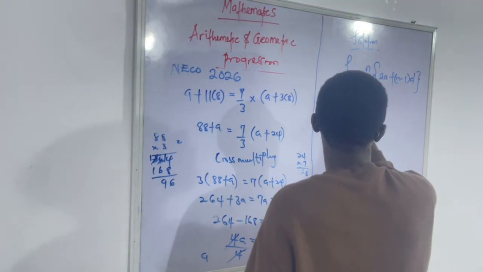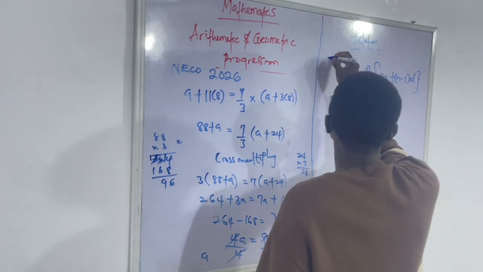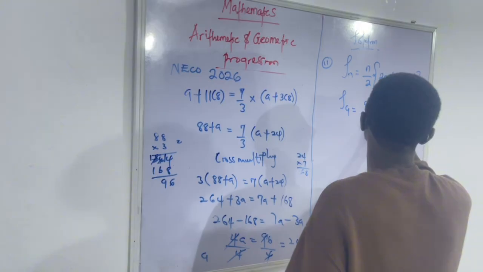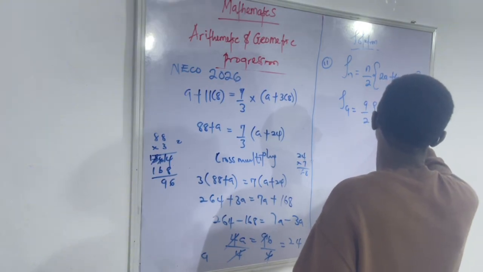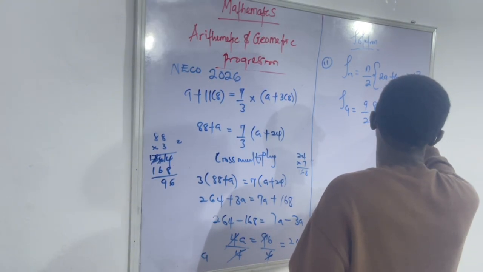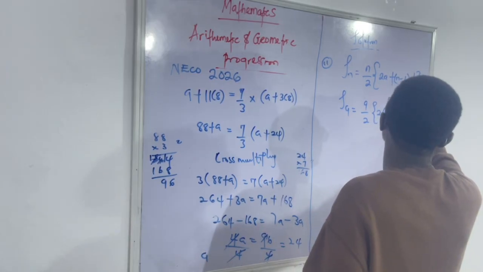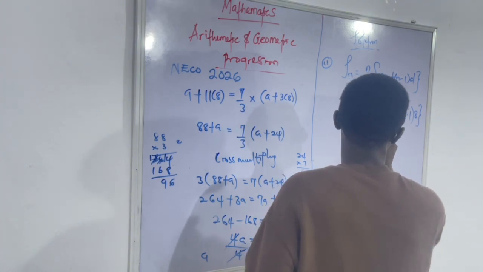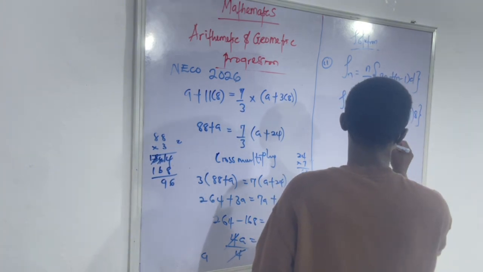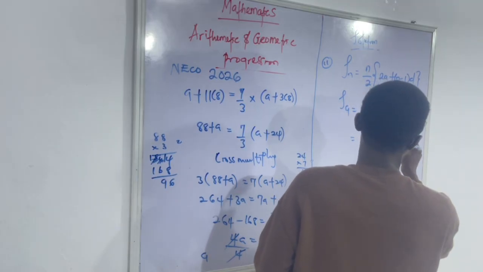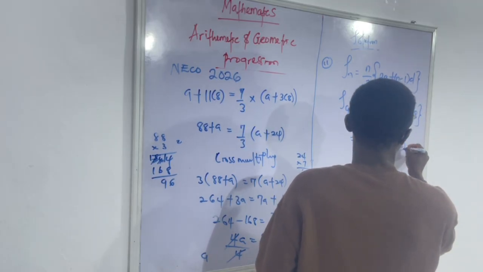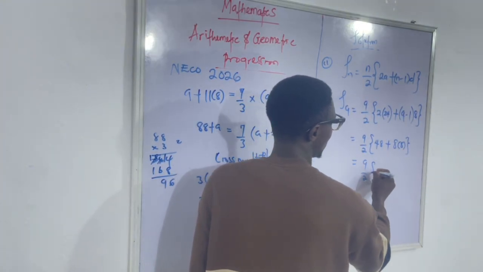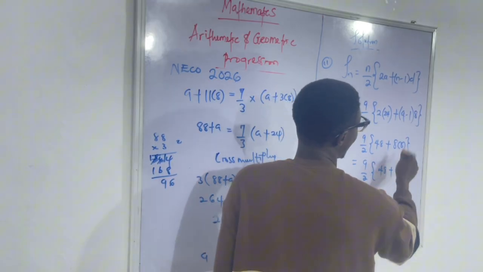So n is 9, so 9 over 2. Are we together? So 2a, a is 24, n is 9, 9 minus 1, and our d is 8. So this is 9 over 2 into 48 plus 9 minus 1, that's 8, 8 into 8.